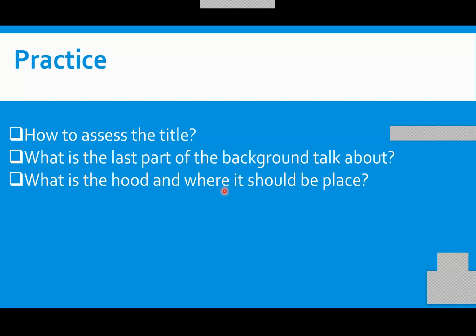The next question: what is hook and where should it be placed? Any volunteer? Ideally, the hook should be placed in the last part of the discussion.